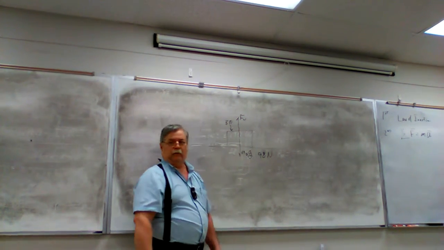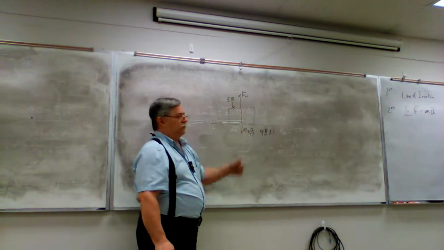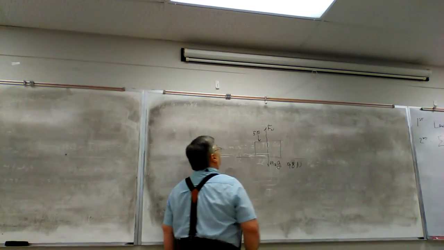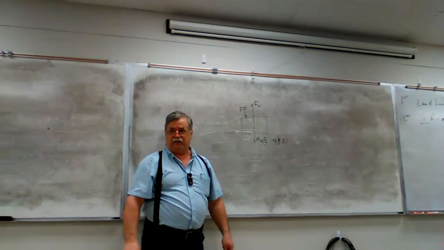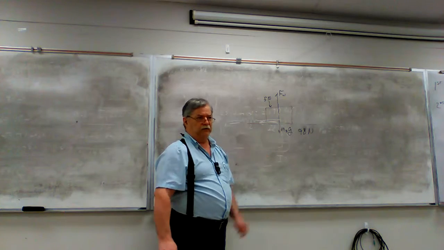Now, before I press on it, the normal force is 98 newtons in the opposite direction. When I press down with 5 additional newtons of force, now what's the normal force?